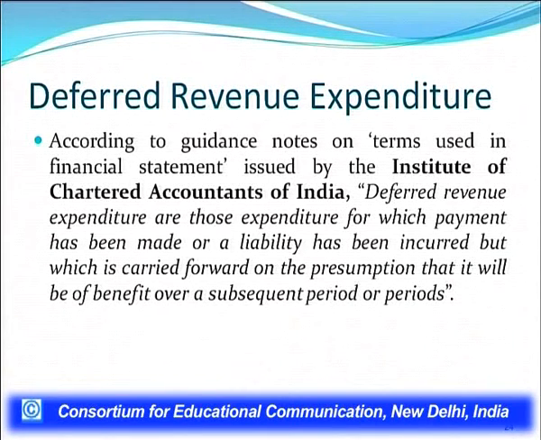Deferred revenue expenditure are those expenditures for which payment has been made or a liability has been incurred, but which is carried forward on the presumption that it will be of benefit over a subsequent period or periods. It means, in simple words, a revenue expenditure which will benefit the firm for more than 1 year, maybe 2 years, 3 years, 4 years, then such expenditure is known as deferred revenue expenditure.